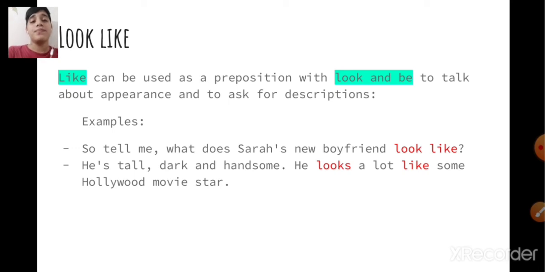For example, we have 2 examples right here, guys. The first one says, so tell me, what does Sarah's new boyfriend look like? In Spanish, this is something like, entonces dime, ¿qué tal te parece o cómo es el novio de Sara, el nuevo novio de Sara?